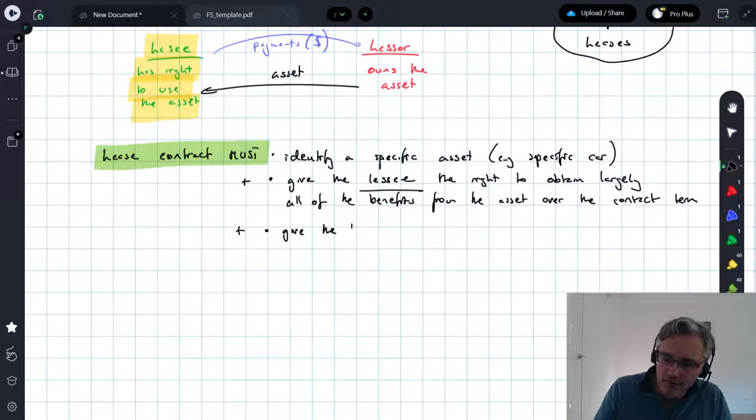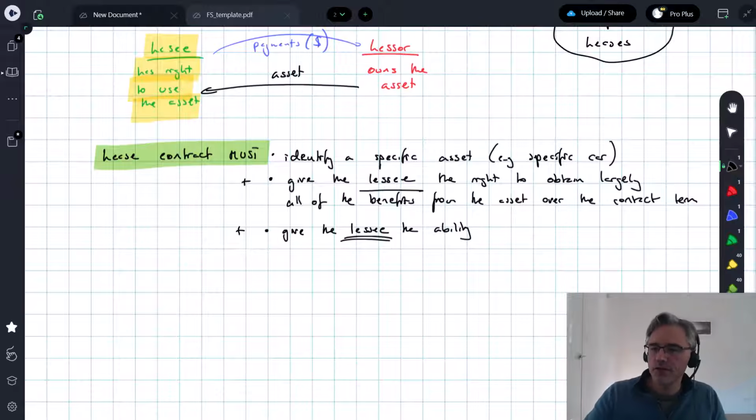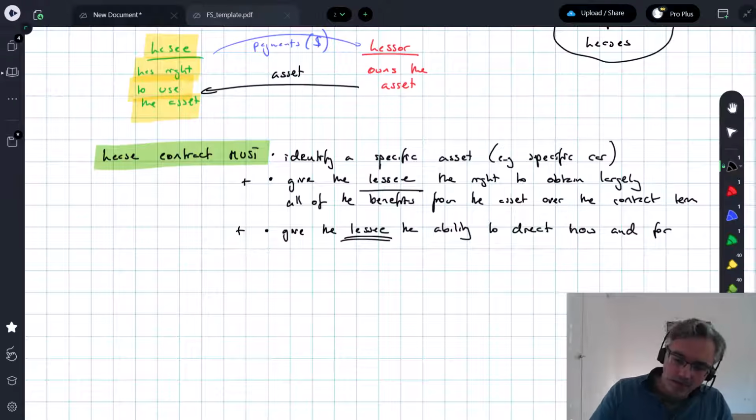give the lessee, once again, the user, the ability to direct how that asset is going to be used and for what purpose, for what objective the asset will be used.